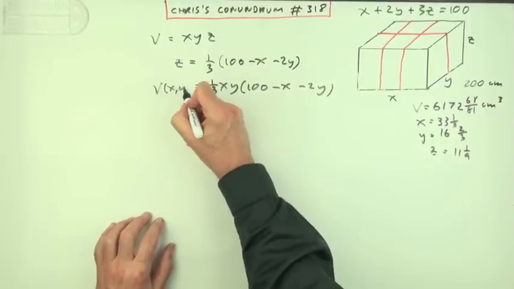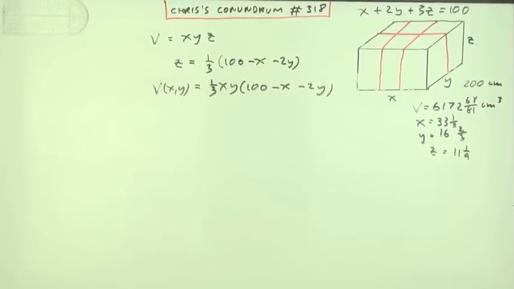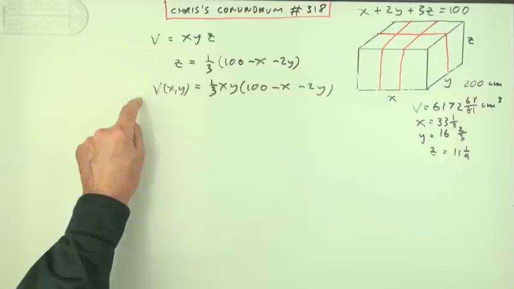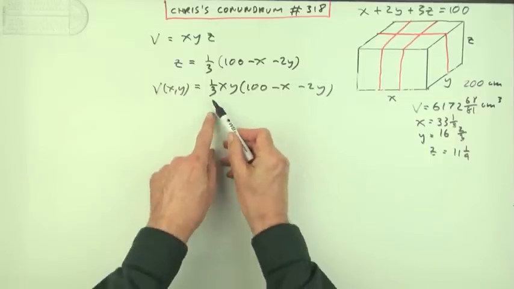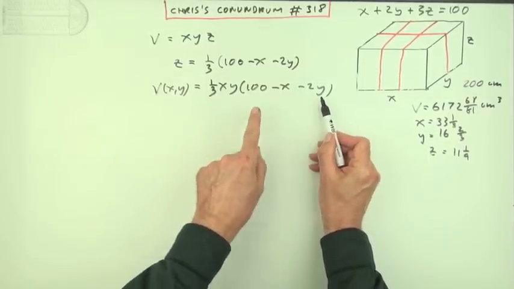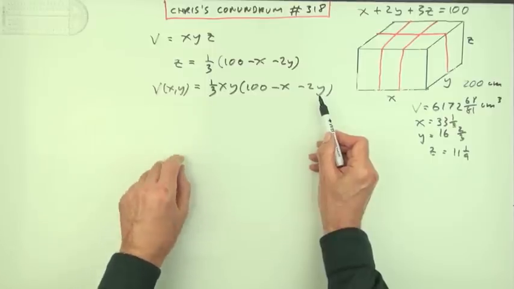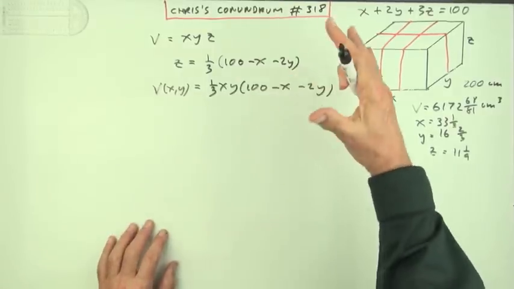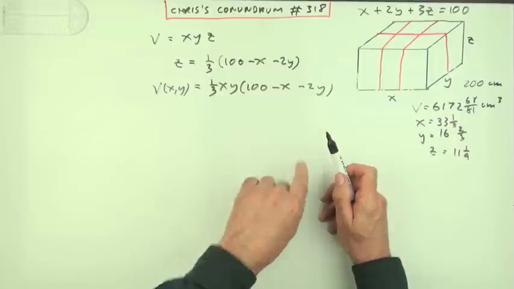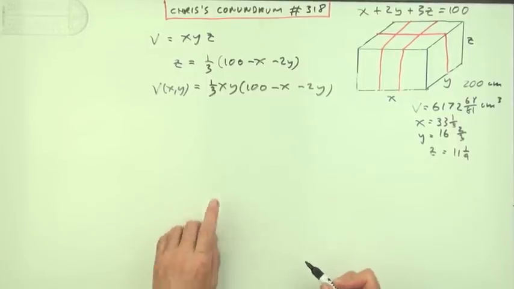So this volume is expressed in terms of 2 variables. This takes you into multivariable calculus. This expression here, if you were to plot x's and y's against v, would actually give you a surface in space. So it's not like the one-dimensional case where it's just a graph and where's the turning points, where's the stationary points in the graph.